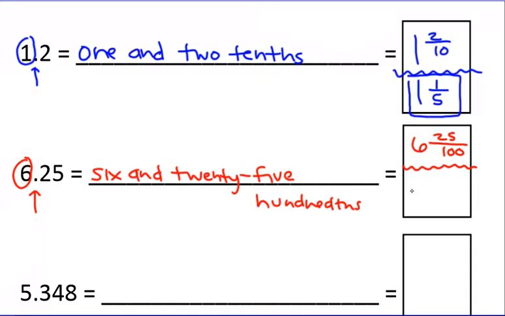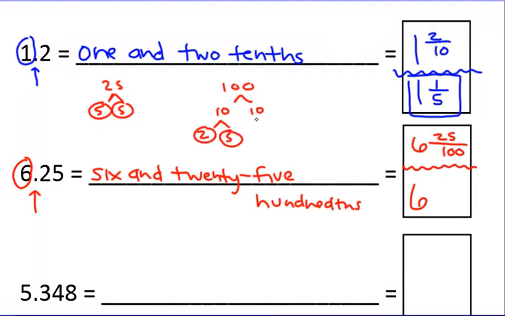Now, can that be simplified? Yes. So 6 is our whole number. So what's the GCF of 25 and 100? So we have 25 and we have 100. So we have a 5 here and a 5 here.